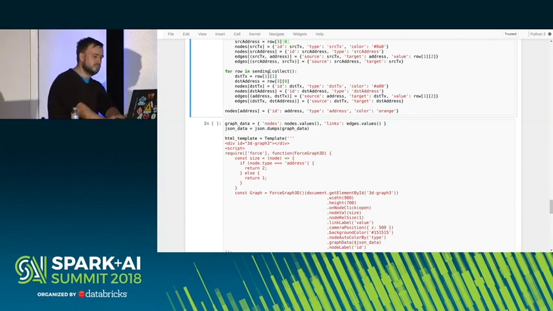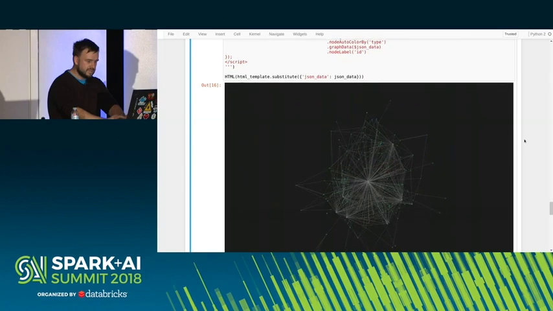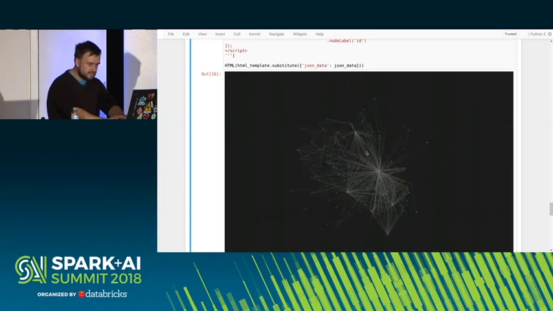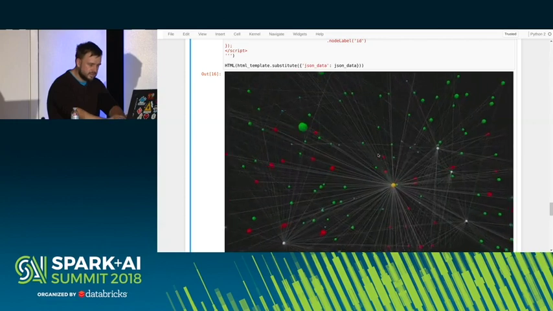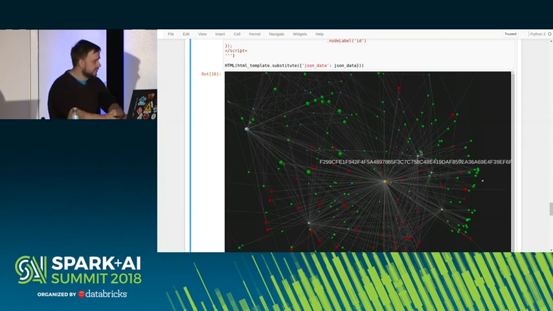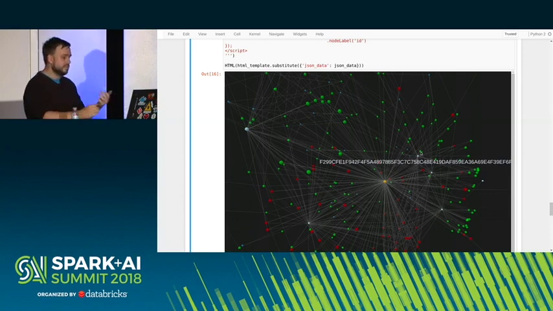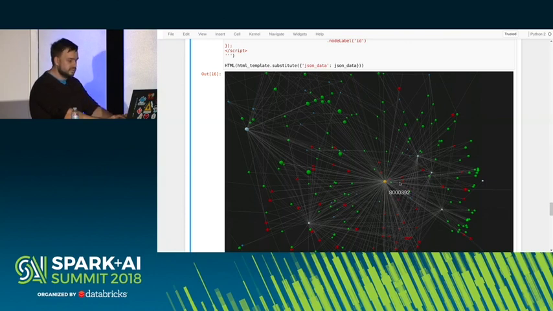First I need to convert it to some JSON data and then pass it to this algorithm. And as you can see, this is quite a complex address. These red dots are the addresses who contributed to this address, and green ones are the outcome, the addresses where this address sent the money. And on the edges, I have also information on how much money was sent. This is in satoshis.